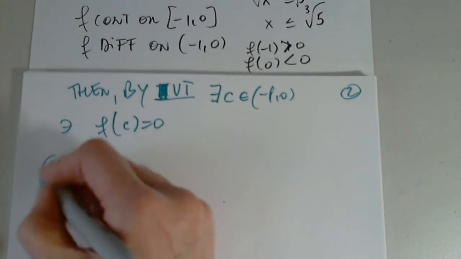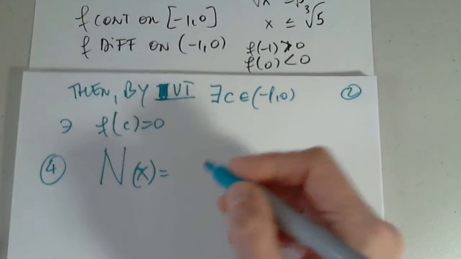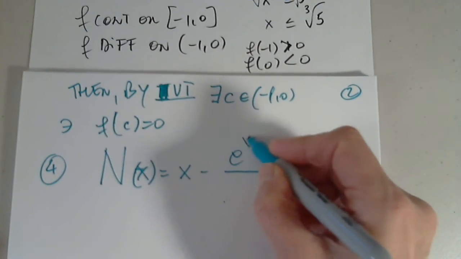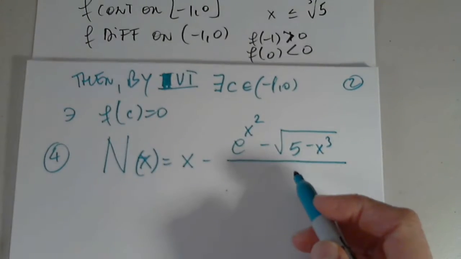In step 4, I will create Newton's method, or Newton's function, whatever you want to call it, as x minus f of x at the top, and the denominator is f prime.